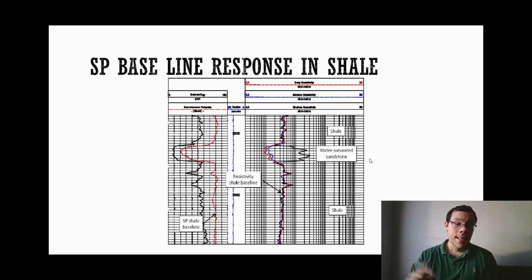Now let's cover the SP baseline response in shale. What I want you to see on the left track, this is a track, all this is a track. On the left track, you have two curves. The red one is the SP, so let's focus on this one. In this case, we were logging in shale.